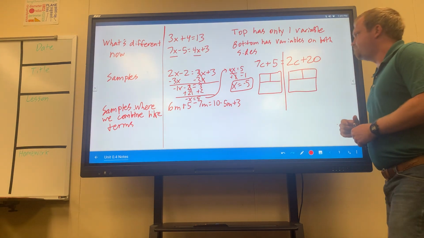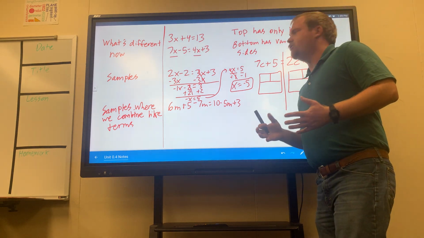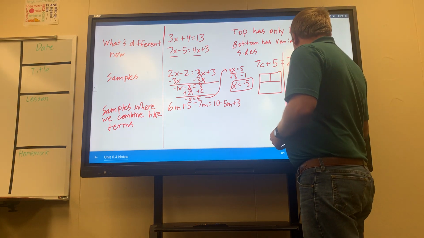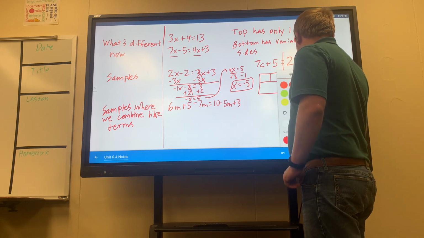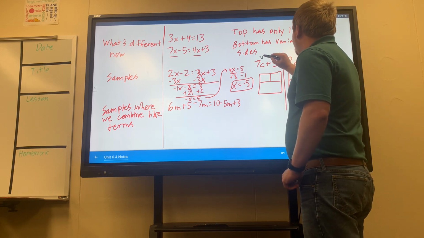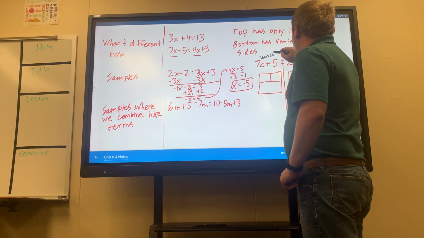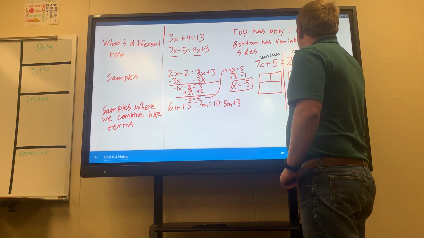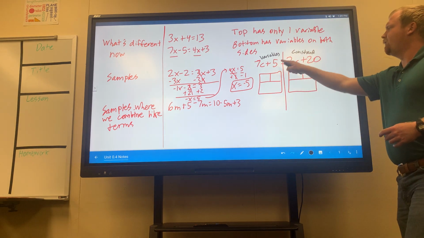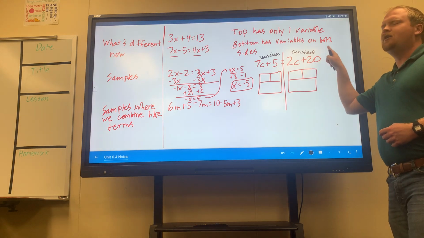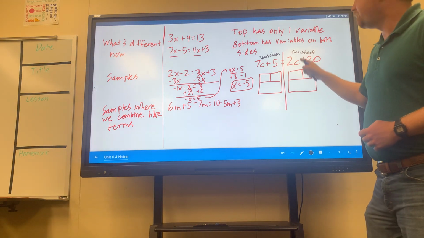Same on the other side. Okay? So what I want to do is I want to get the variables on the left side and the terms that is just a number, those are called constants. So like for example, the 5 and the 20, those are constants, okay?